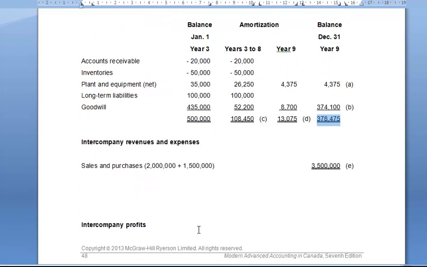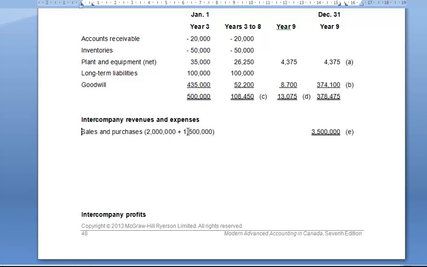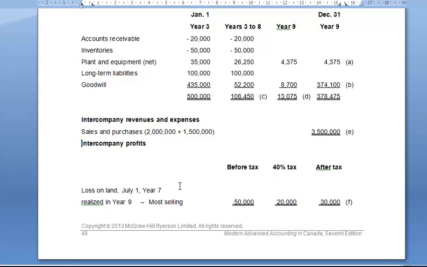We know from the question that we do have intercompany revenues and expenses for sales and purchases. They told us this year, for sales and purchases. Let me just adjust this here. Okay. We know that during the current year intercompany sales were $2 million and $1.5 million.